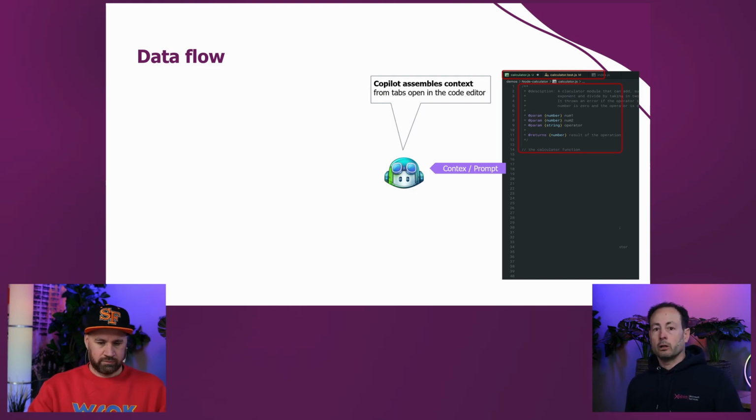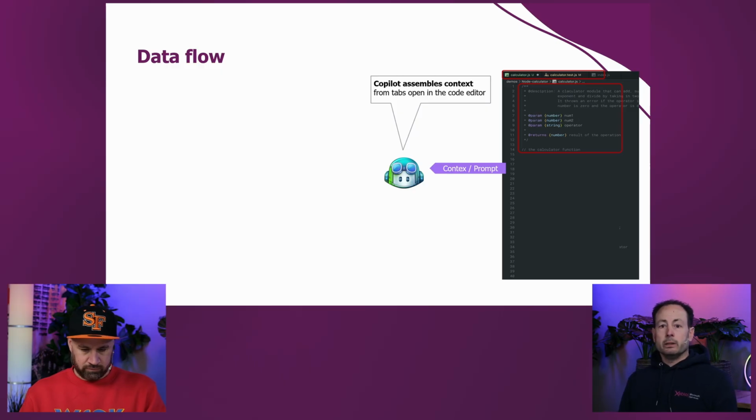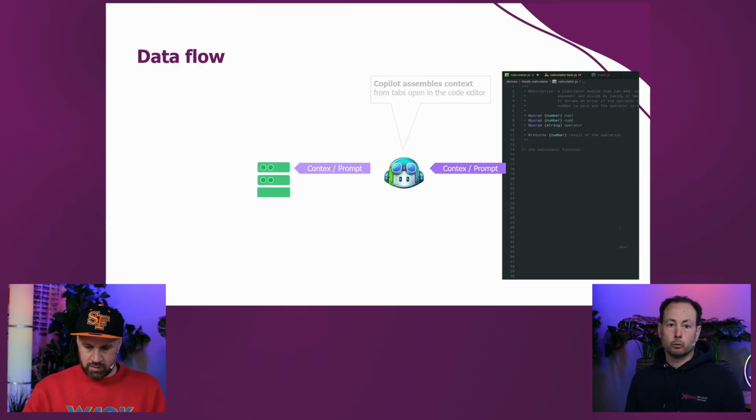In the background, the context is collected together with a prompt. Prompt can be the comment that you entered in the file, or maybe in chat you entered some question. In this case, there are open tabs. Those open tabs, at least close to the one that you have open, will be sent along as context, and then it will be sent to a proxy.